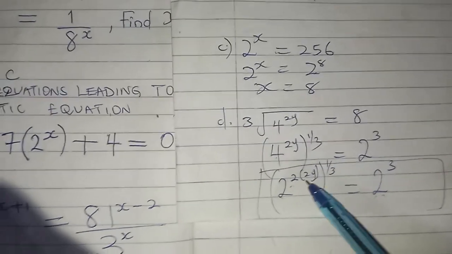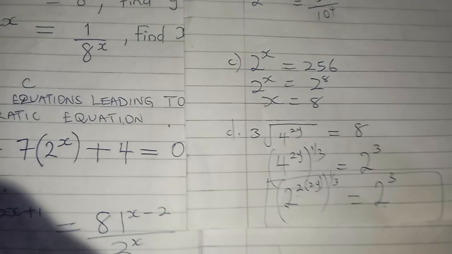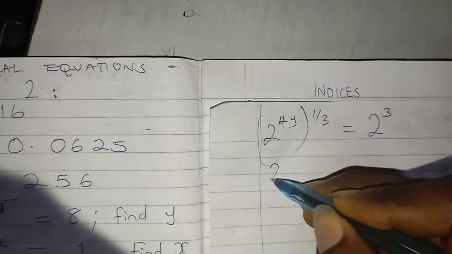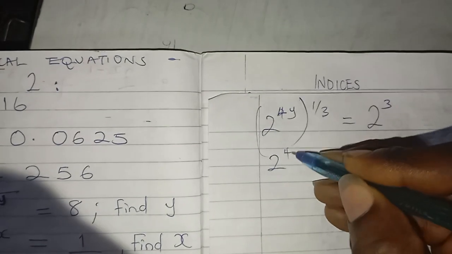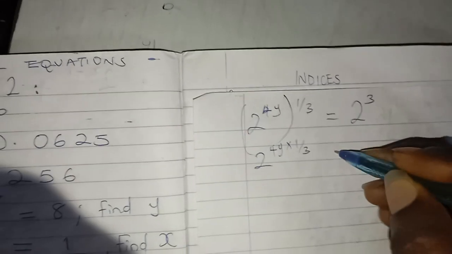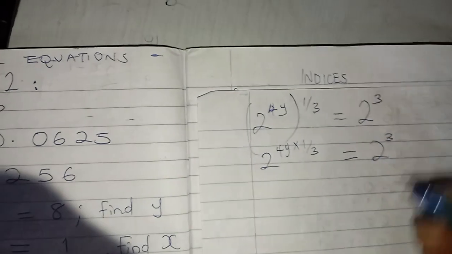So that's why I use power law to multiply. So let's now do distributive power law. Applying distributive power law, I now have that this is the same thing as saying 2 raised to power 4y times 1 over 3 is equals to 2 raised to power 3.